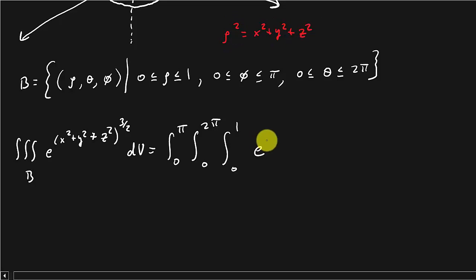And so that's e to the rho squared, and then that is raised to the 3/2. And then that's times rho squared sine phi d rho d theta d phi.